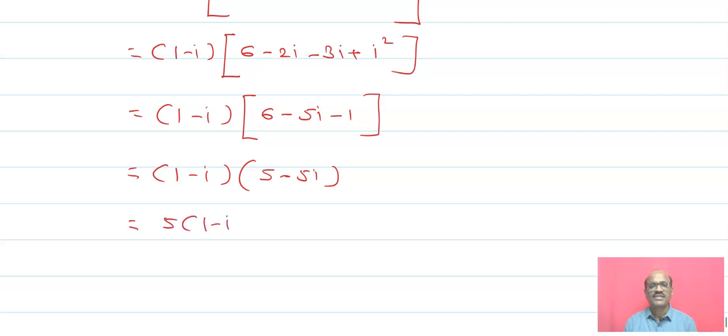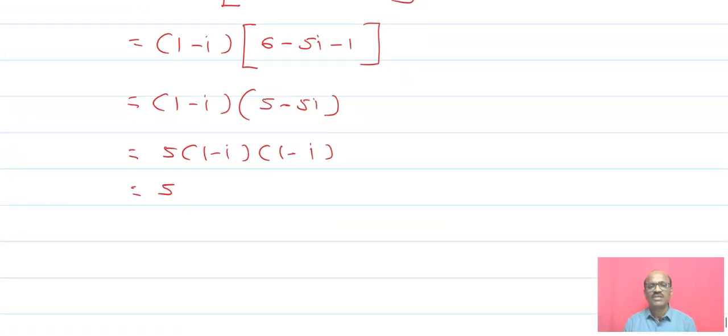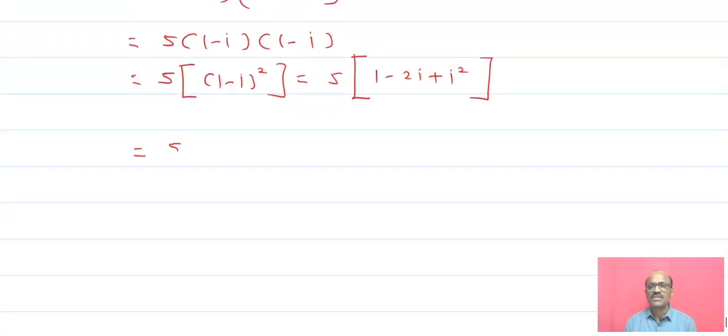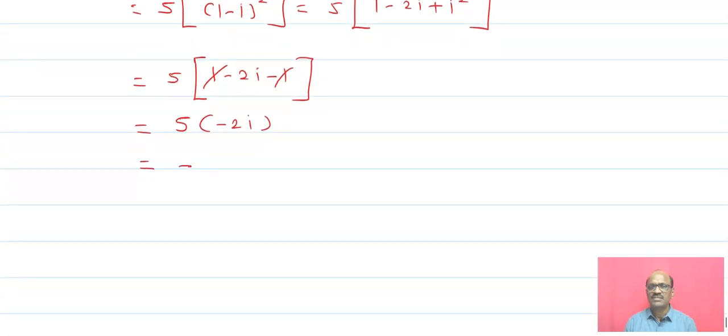If you take the 5 common, then you will get 5 into (1 minus i) into (1 minus i), that is 5 in bracket (1 minus i) square, and we will expand it: 1 square minus 2i plus i square. Therefore, you will get 5 in bracket 1 minus 2i minus 1; plus 1 minus 1 get cancelled, and then you will get minus 10i.